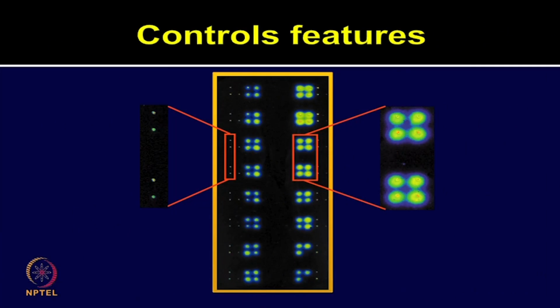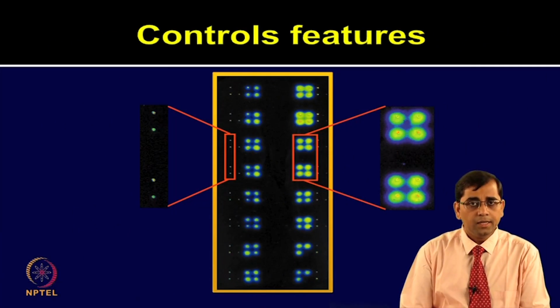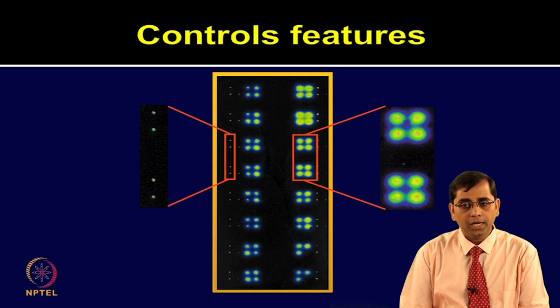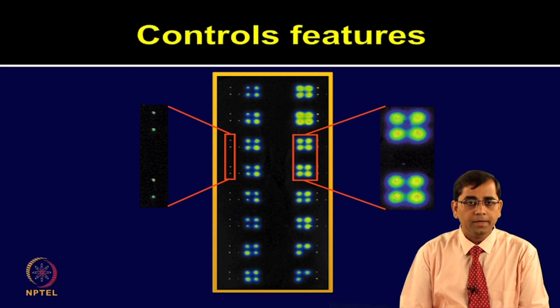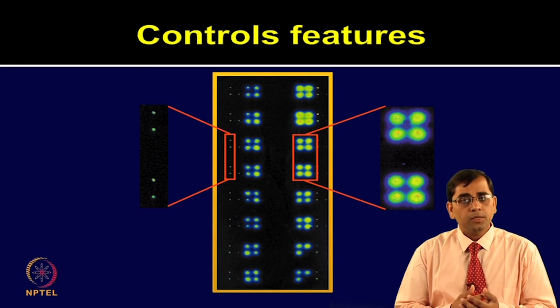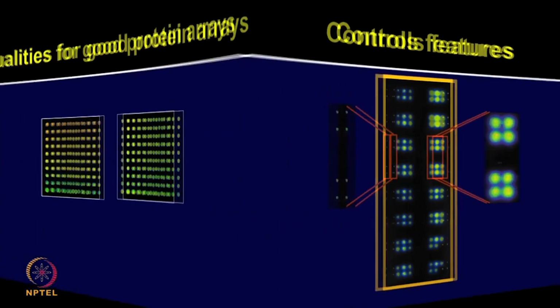Control features and QC checks are shown here in this slide. The same gene has been printed 4 times in the blocks, repeated, and then negative controls are used to estimate the background noise.